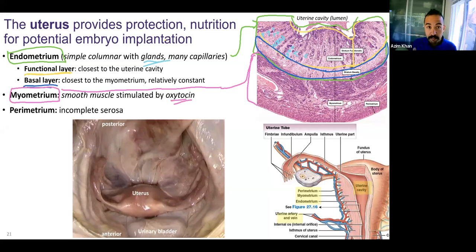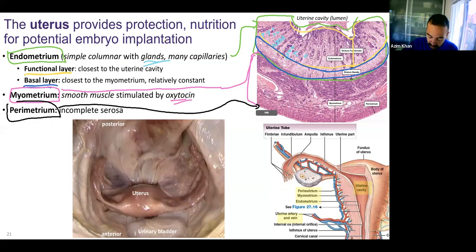So the myometrium helps if there is a baby ready for delivery, then that helps push it out. The very outside of the uterus is the perimetrium, a thin layer, that's serosa. It's a peritoneal membrane.